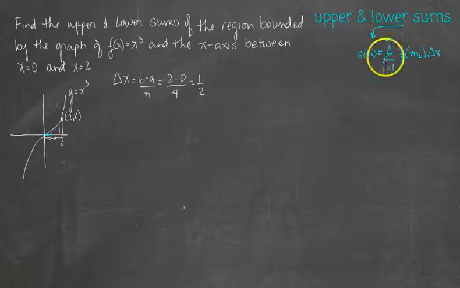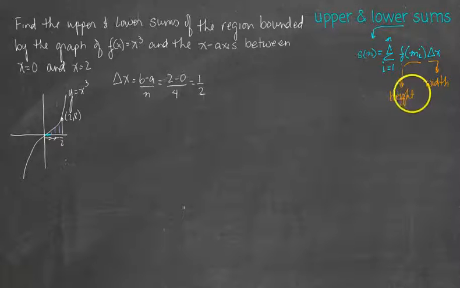And so m sub i, since each partition represents an area, if delta x is the width of our partition, then somehow f of m sub i has to be the height. Well, it is. We're going to take the lowest height on that interval because we're taking our lower sum, and in this case I'm actually looking at no elevation because the lowest point on that interval is (0, 0).